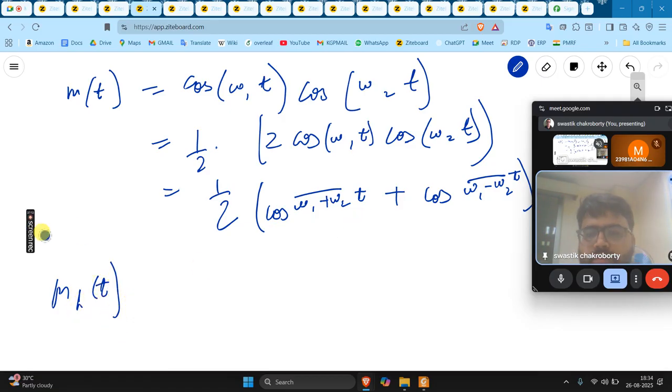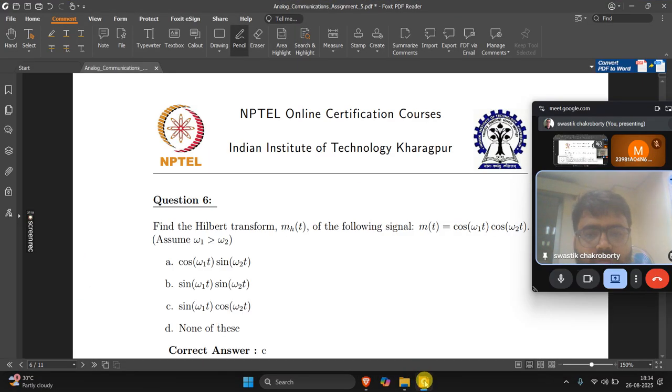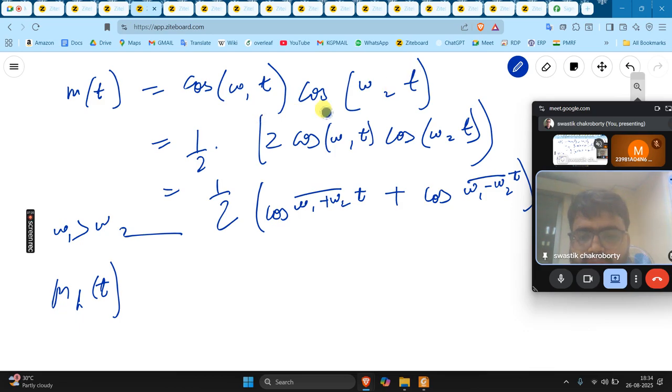You assume omega 1 is greater than omega 2, so both of them are positive. Here also it is written assume omega 1 is greater than omega 2. So both of the frequencies are positive, so you will phase shift both of them by negative pi by 2.